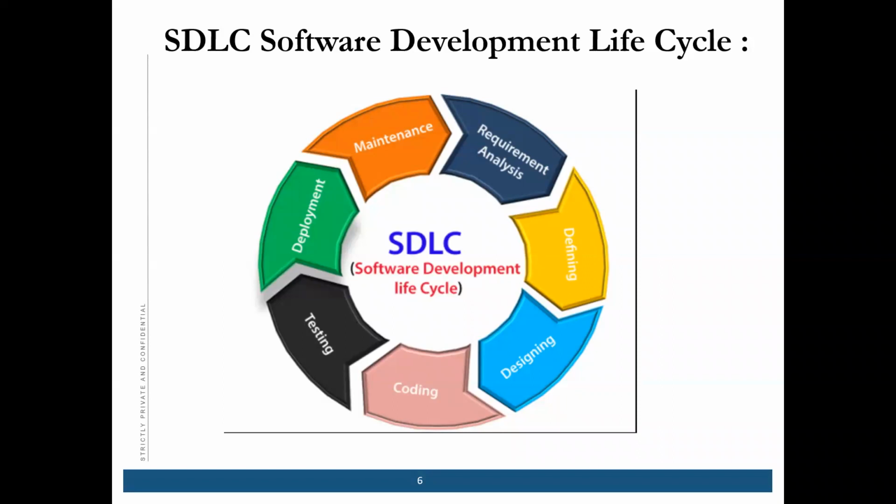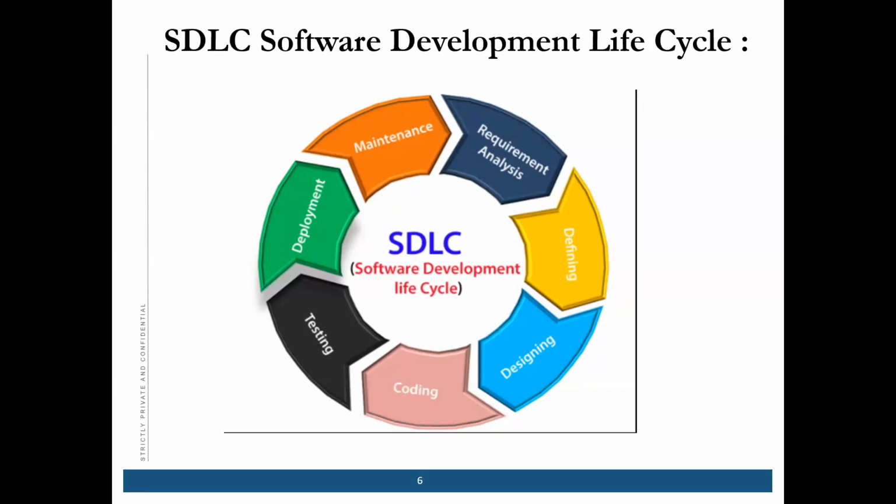This is done through the SRS, the software requirement specification document, which consists of all the product requirements that are designed and developed during the project life cycle. The key people involved in this phase are project managers, business analysts, and the senior people of the team.